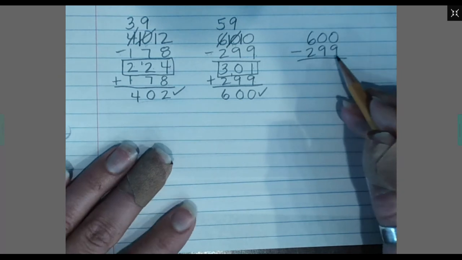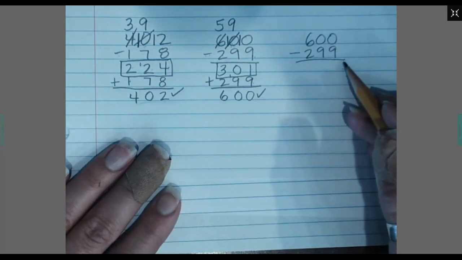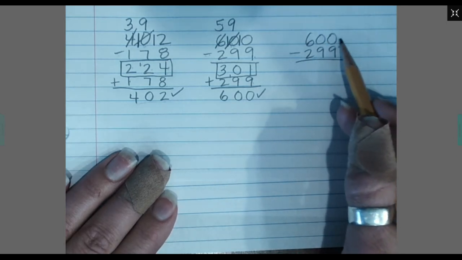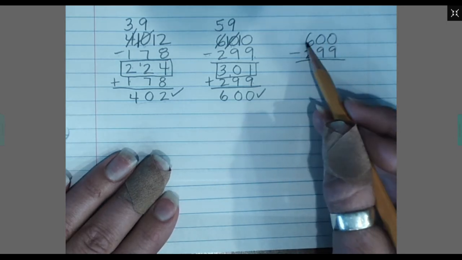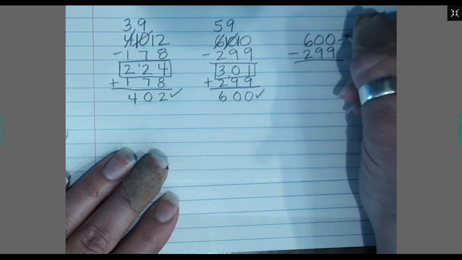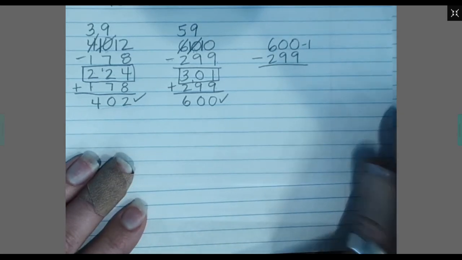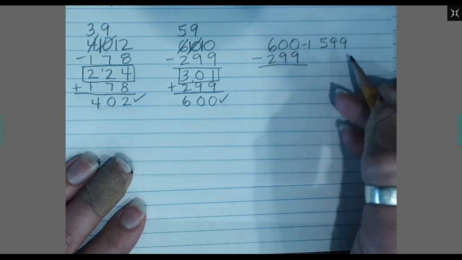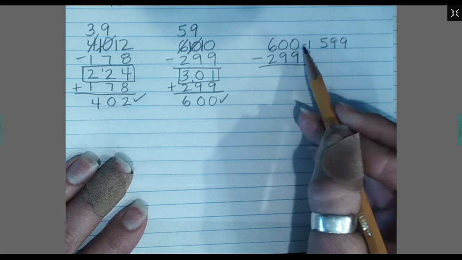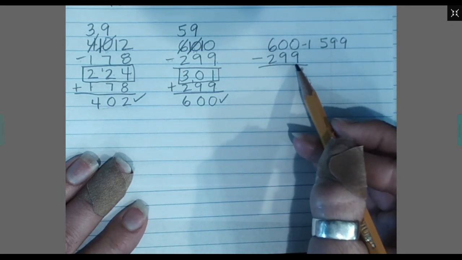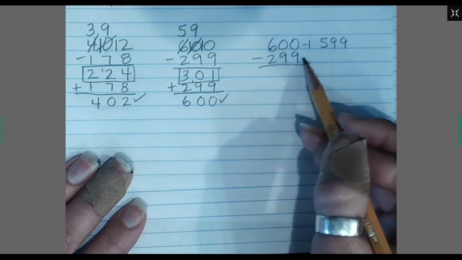Now this is the same problem, but I want to show you a maybe easier way so that you don't have to regroup. Right now this is 600, but if I took 1 away from that 600, I would get 599. Now if I take 1 away from the 600, to keep this the same problem, I would do the exact same thing to this number.